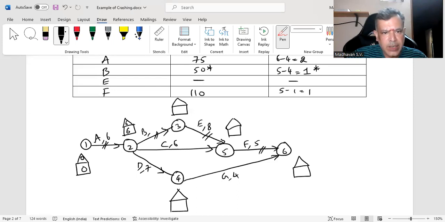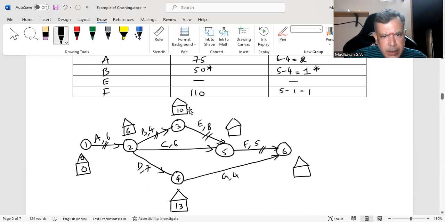Now you are trying to crash it by 1 day. That means it will become 4 days. Now 6 plus 4, it becomes 10 here. And I will have to rub this also. Okay, 10 days. And then for this 6 plus 7, it becomes 13 days.